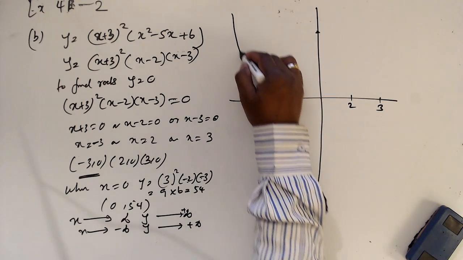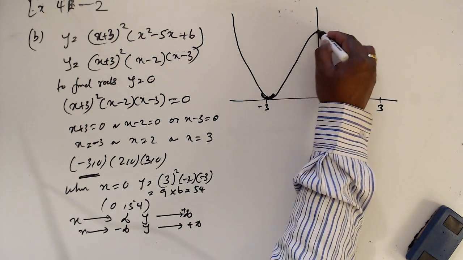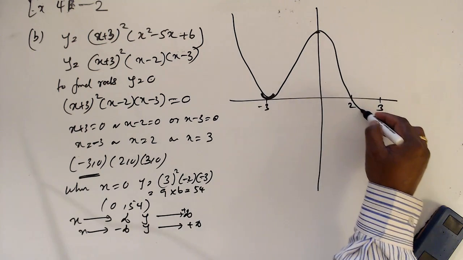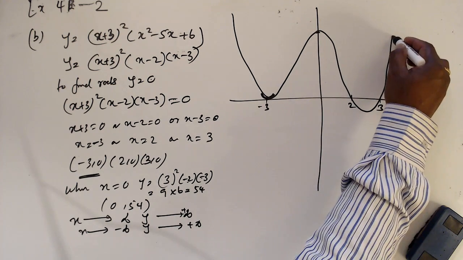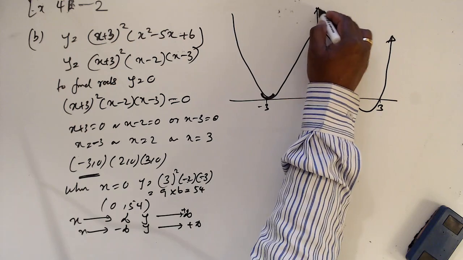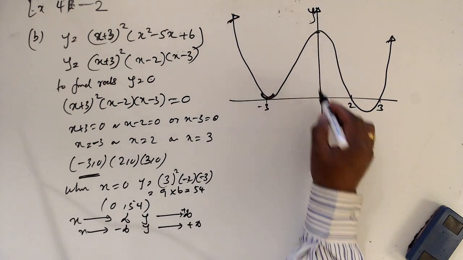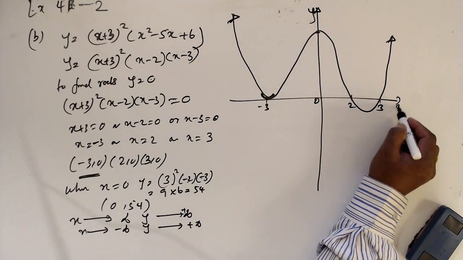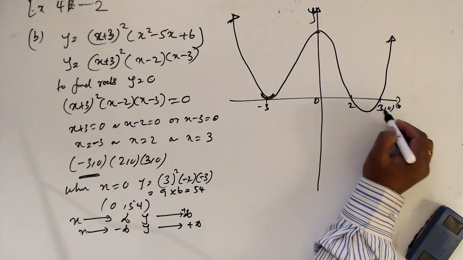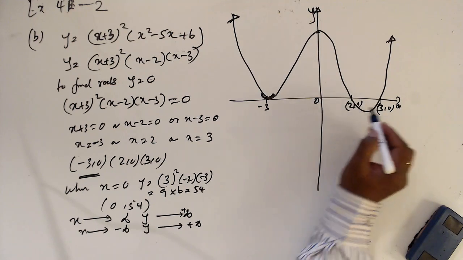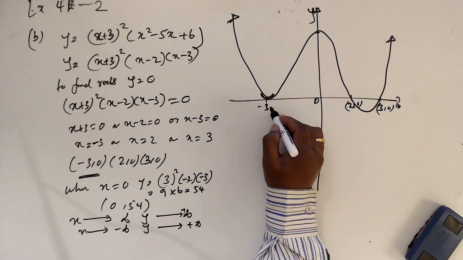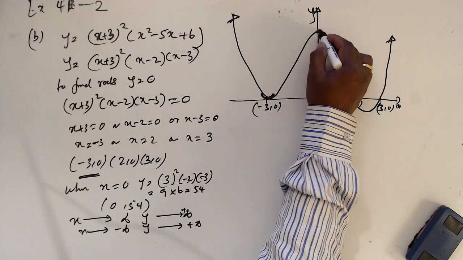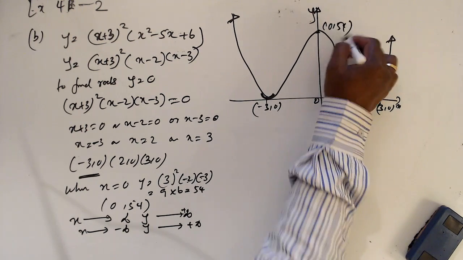So we'll start from here, go like this and come like this and go again. So this is (3, 0), this is (2, 0), and this is (0, 0), and (-3, 0), and this is (0, 54).